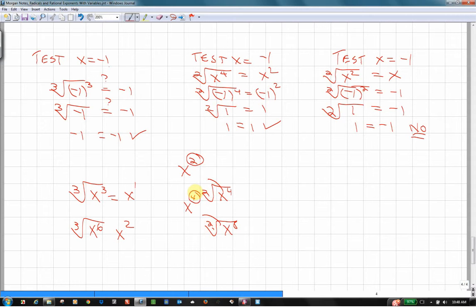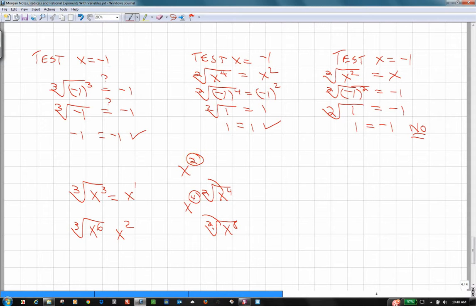The fact that these exponents are even, if I would put a negative number in for x, the squaring, or the 4th power, takes that negative away. So the problem is going to occur when I do have an even index, but I don't worry about it when I simplify, as long as what's coming out has an even exponent on it, in this case a 2 or a 4, I don't have to worry about it.